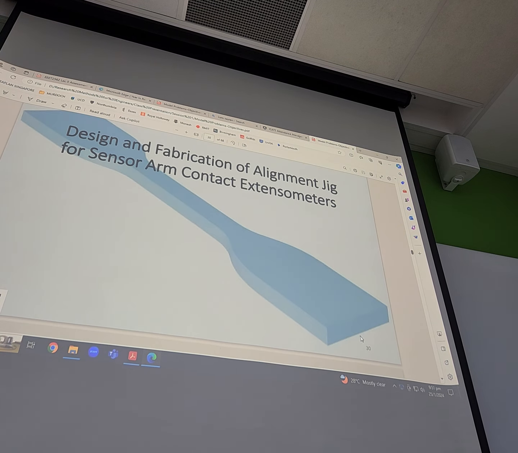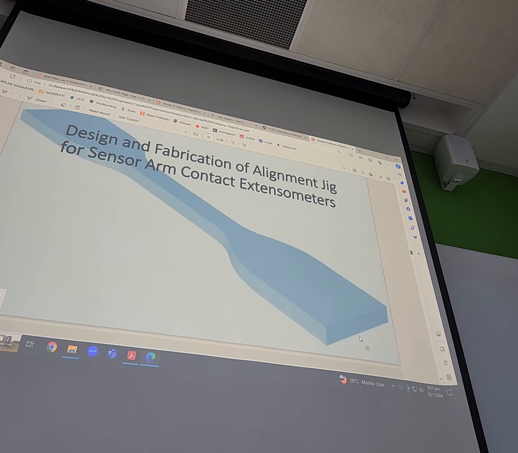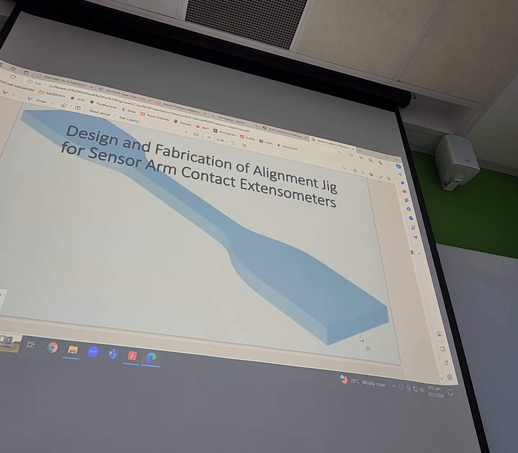Alright, so this is another problem: design and fabrication of an alignment jig for sensor arm contact extensometers. Basically it is a design related problem, designing a jig or a fixture for extensometers so that you can reduce some of the problems associated with that.